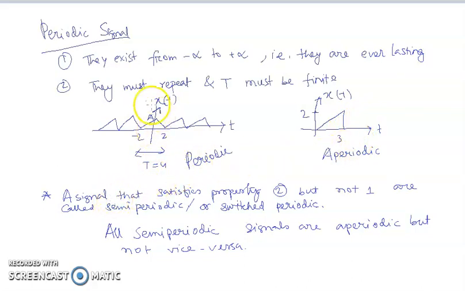A signal which satisfies property 2, that is, it has a time period T, but does not satisfy property 1, that is, it is not repeating from minus infinity to infinity, is known as a semi-periodic signal. A semi-periodic signal is also an aperiodic signal, but not vice versa, that is, an aperiodic signal cannot be a semi-periodic signal.